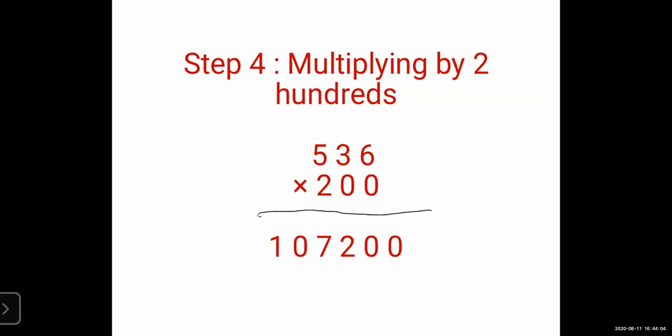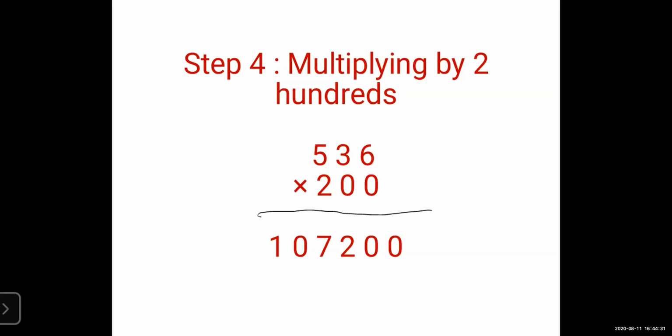So here there are 2 zeros. Yes, 536 multiplied by 0, 0. 536 multiplied by 0 at tens place, also 0. Now multiply the remaining digit. Okay, so 536 multiplied by 2. Go through the steps. 2 sixes are 12. 12's 2, 1 goes to carry. 2 threes are 6.